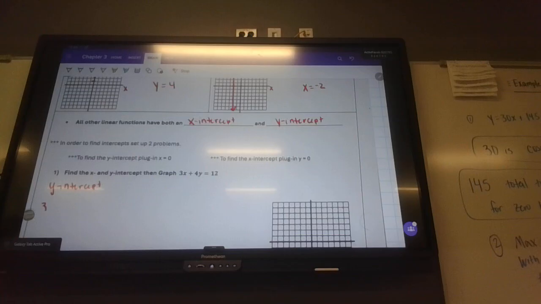So the first time we're going to do 3 times 0 plus 4y equals 12. And then we're going to do the problem again. And we'll do the 0 in the other spot. Now, the reason we're doing it this way is because this is called standard form.